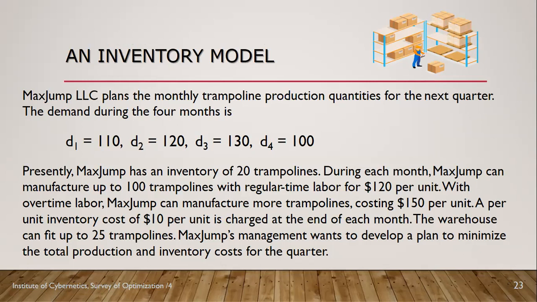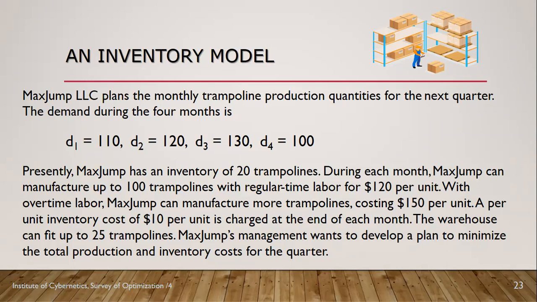Let's consider the following example, which refers to an inventory model. Max Jump LLC plans the monthly trampoline production quantities for the next quarter. The demand during the 4 months is known, so it is a fixed value.